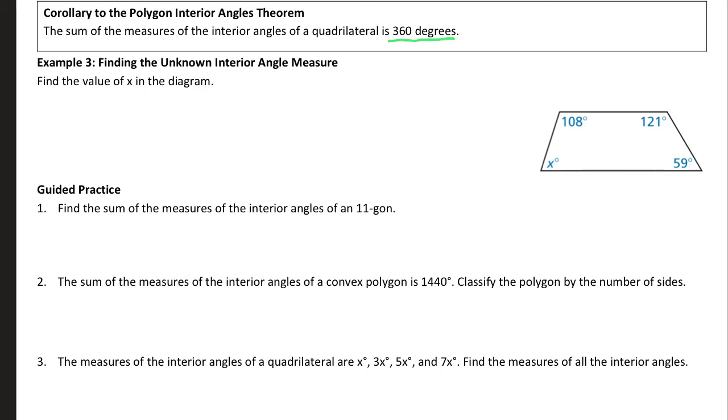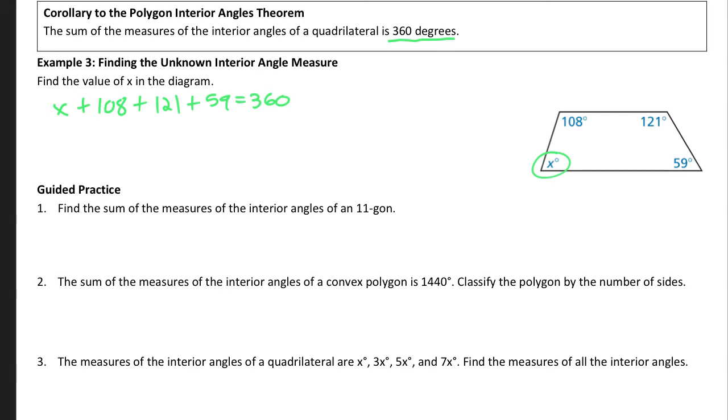This is a quadrilateral. I know the sum of these 4 angles is 360 degrees. So I'm going to set up and solve an equation to find that missing angle. I'm going to write out the sum, x plus 108 plus 121 plus 59. That sum is 360 degrees.